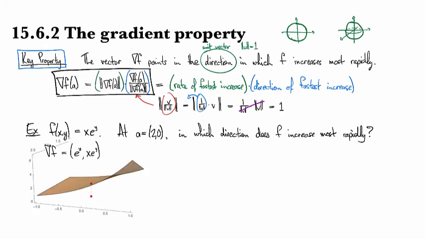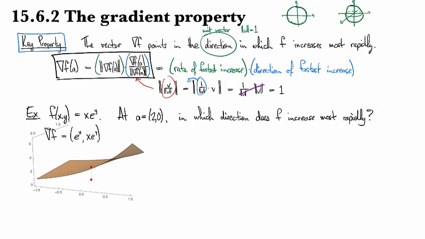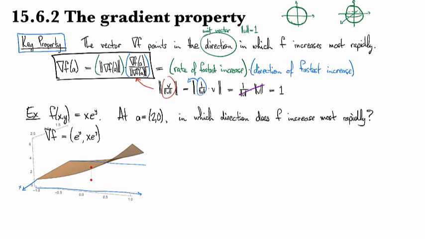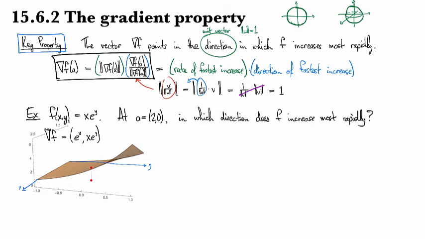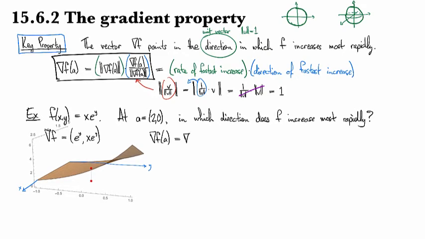Okay, boom. Here's a picture of what this looks like. Here's the x-axis increasing that way, and the y-axis increasing that way. So we take our gradient of f, and then we evaluate the gradient at this point (2, 0).